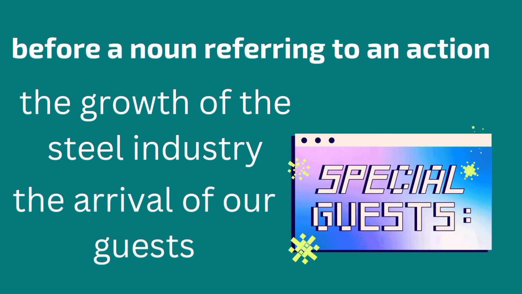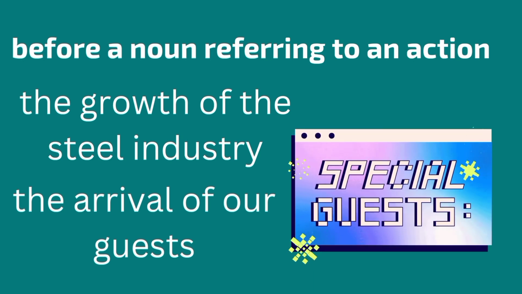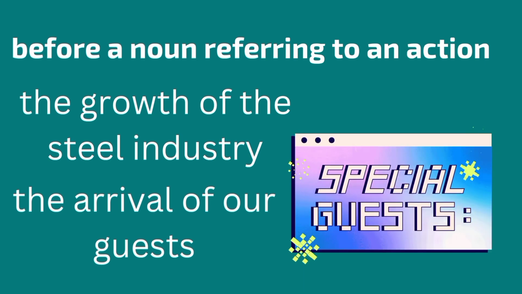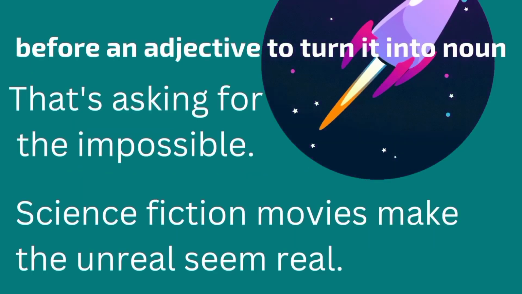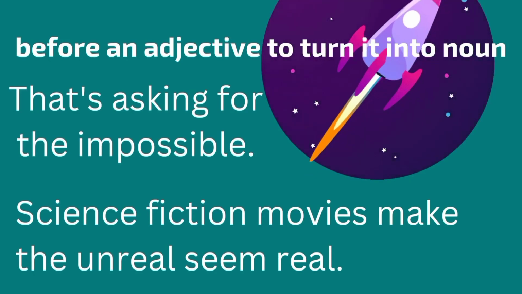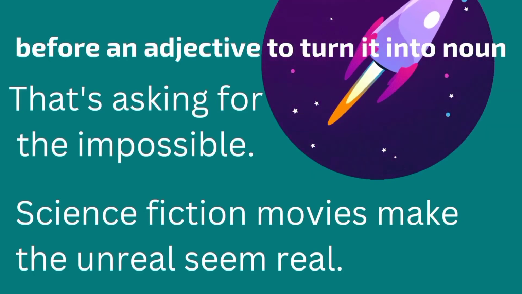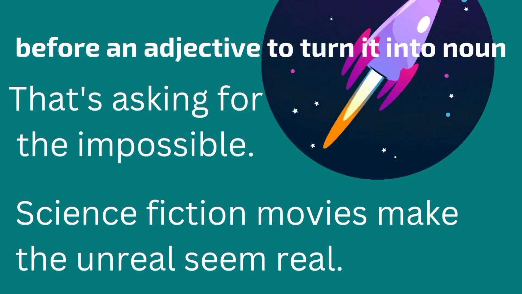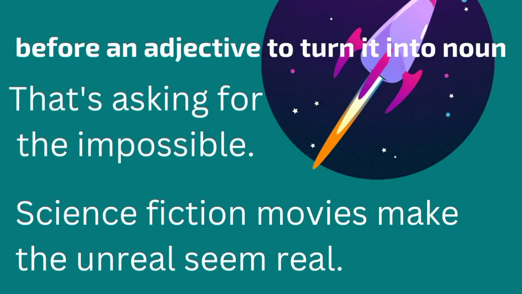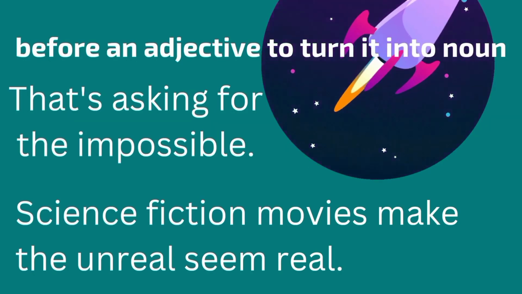For instance, the growth of the steel industry or the arrival of our guests. It's also used before an adjective to make it into a noun. For instance, that's asking for the impossible. Or science fiction movies make the unreal seem real.